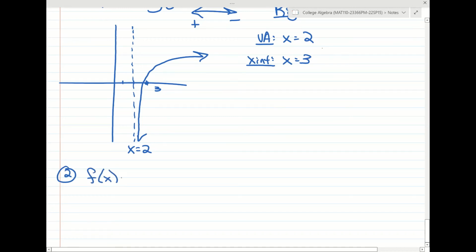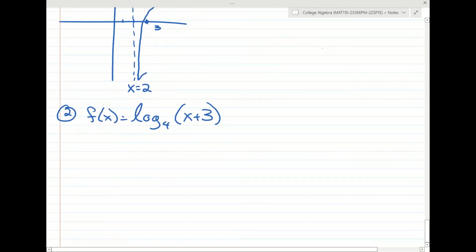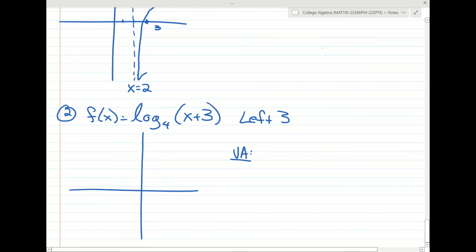What if we had f of x is equal to log base 4 of x plus 3? Plus 3 is moving to the left 3. So if the graph normally has a vertical asymptote of 0, the graph moves to the left 3, and the new vertical asymptote is going to be negative 3.